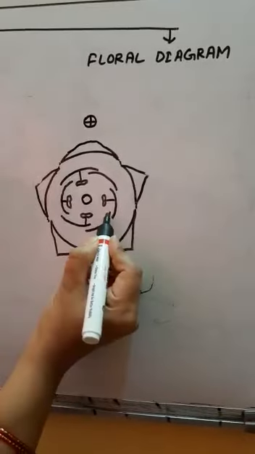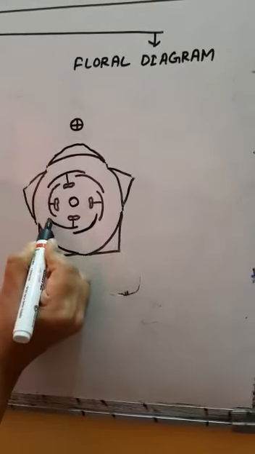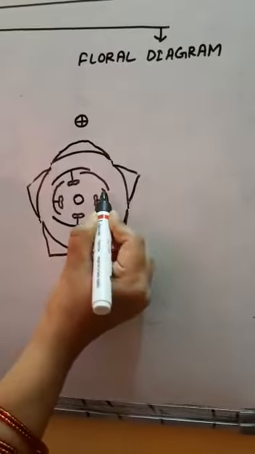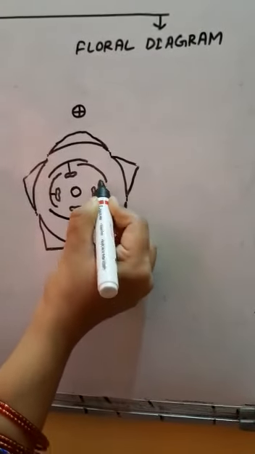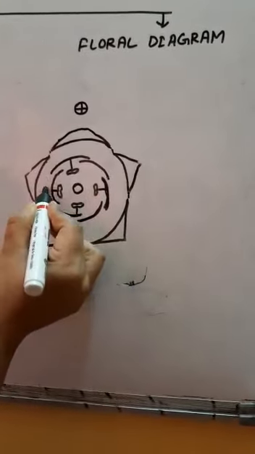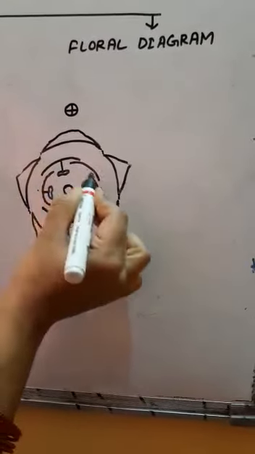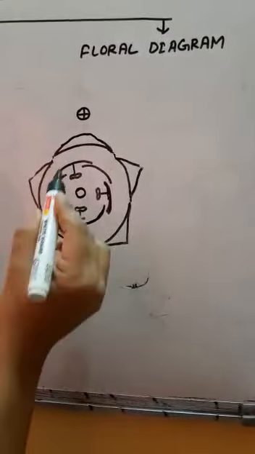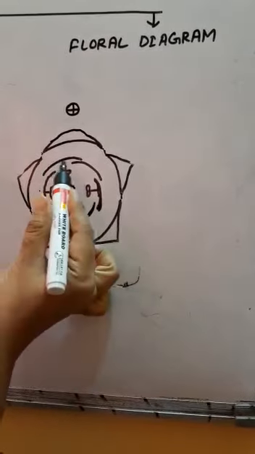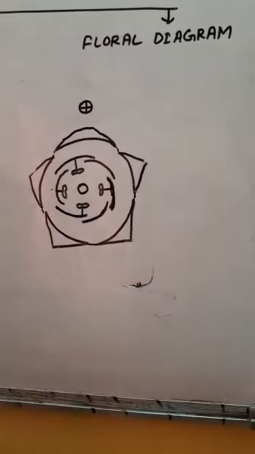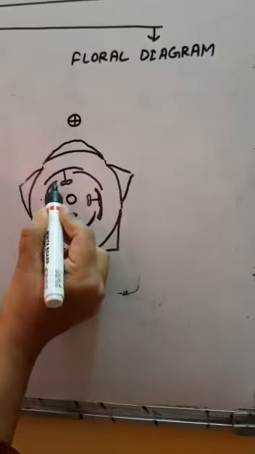The second whorl here is the corolla. You can clearly see twisted estivation. So here again 1, 2, 3, 4, 5, 6. Sorry, 6 corollas are there. 6 petals are there with twisted estivation. This structure denotes the androecium.